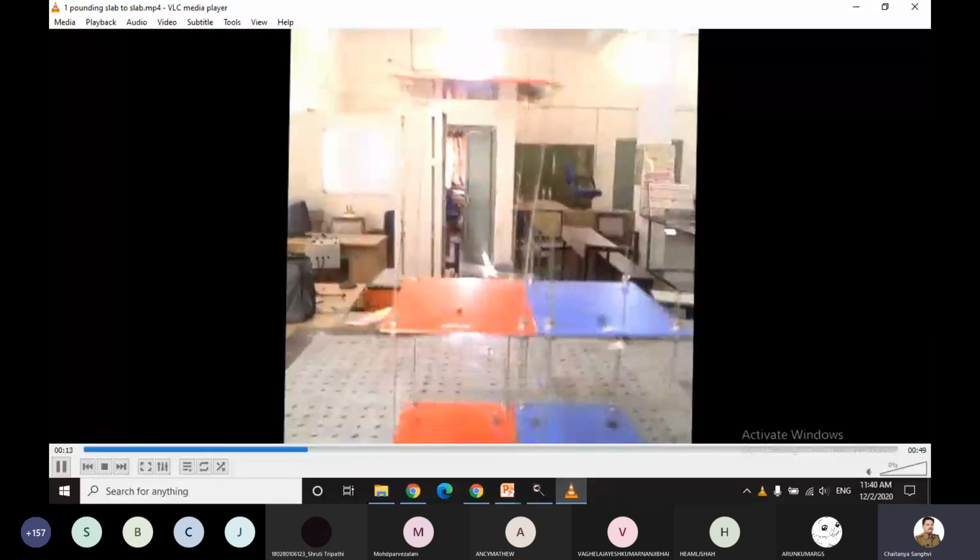Right, now you can see the slab is hitting the slab. Right, this is less dangerous as compared to the slab hitting the column. Okay, this you can see.